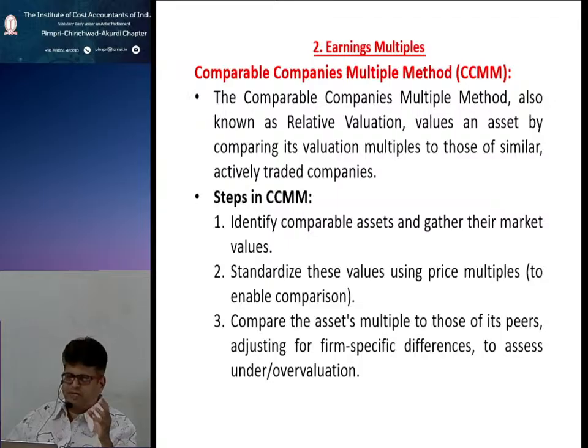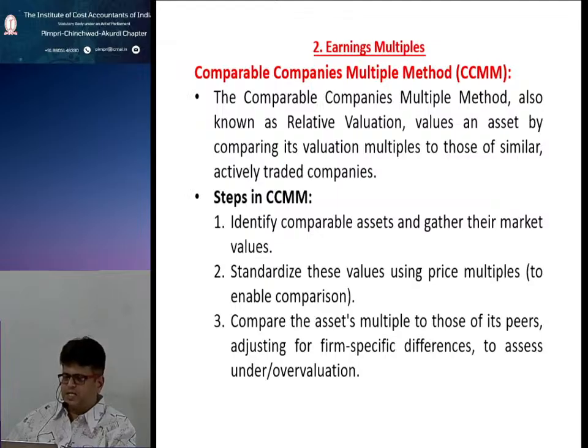So obviously whenever there is a comparison, it won't really be an apple to apple or orange to orange comparison. To some extent there will be some differences or distinguishing factors, and for these one will have to make some adjustments for the differentiation with the peers, and therefore compare the asset's multiple to those of its peers while adjusting for firm specific differences to assess under or overvaluation of that particular asset.